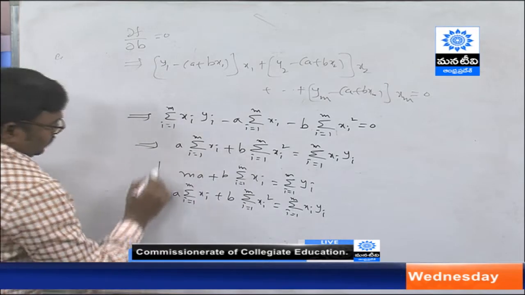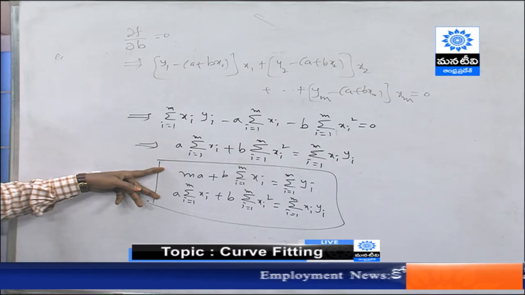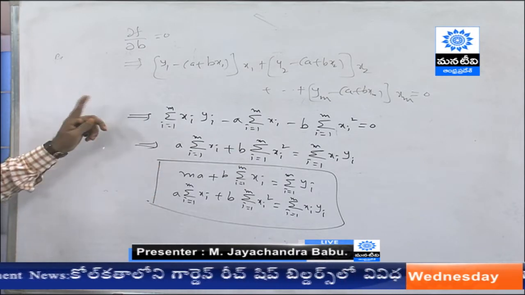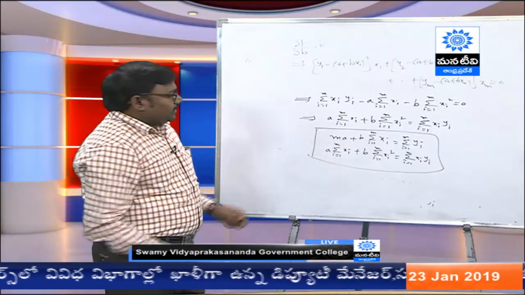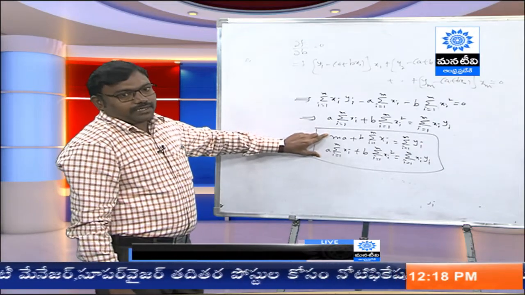We got these two equations by taking dou f by dou a equal to 0 and dou f by dou b equal to 0, which means step 2 is completed. As step 3, we need to solve these two equations to get critical points.